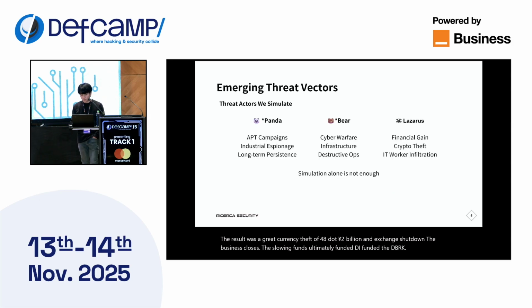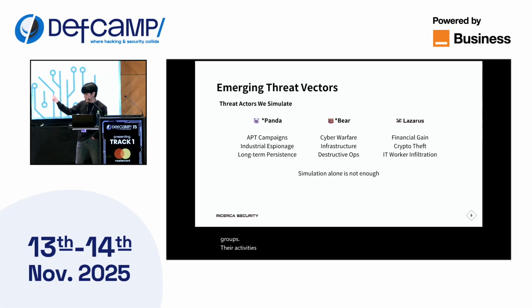So, what threat actors should we simulate? Attack actors continuously targeting Japan can be broadly classified into three categories. First, Panda, Chinese APT groups. Their activities can be characterized by these features, and in particular, they discover and exploit zero-day vulnerabilities.